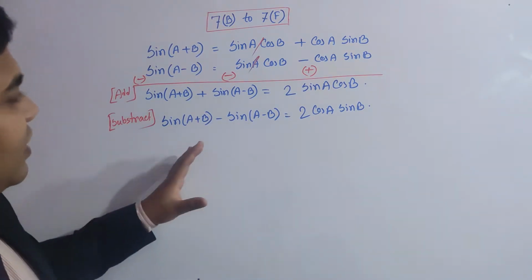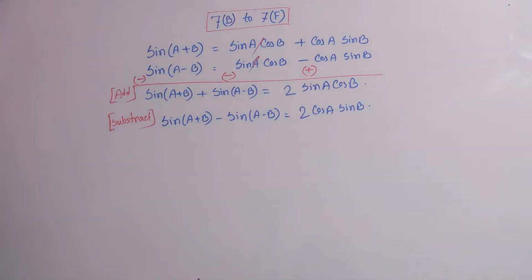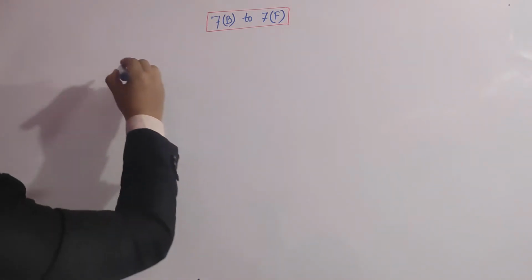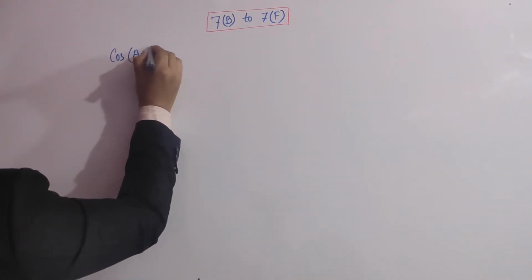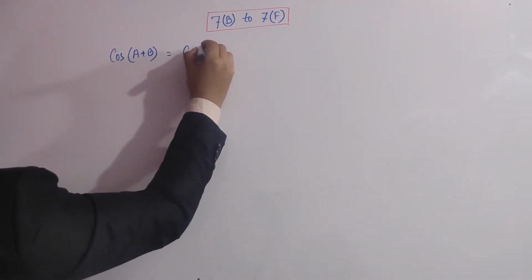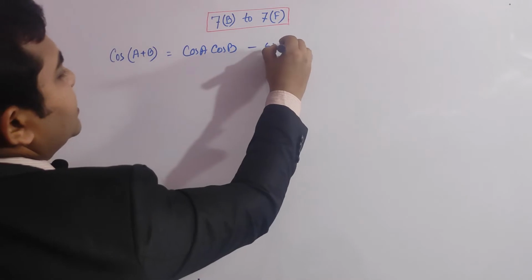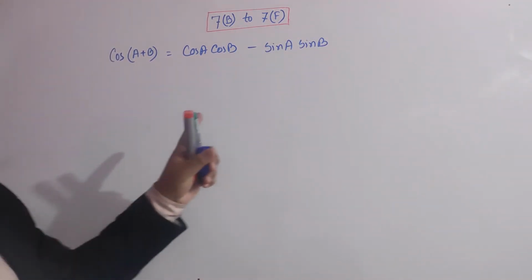Now we are going for another two formulas which come from the main formula of cos. Let's see. Here we know cos of A plus B should be cos A cos B minus sin A sin B. We have already known that.